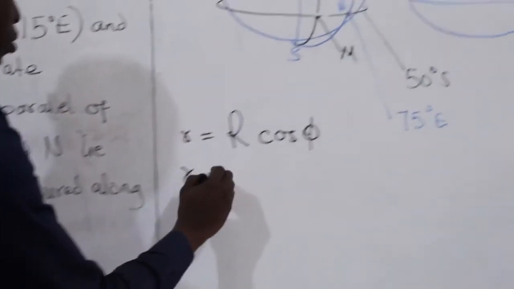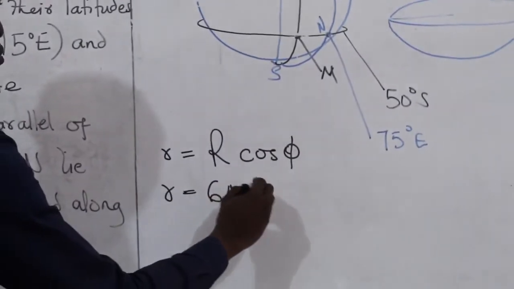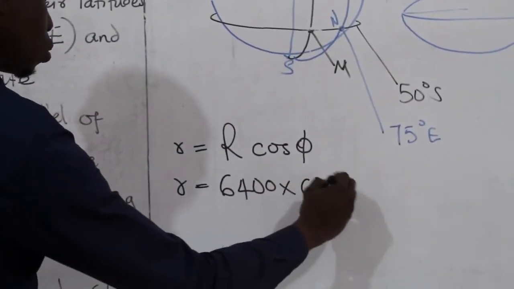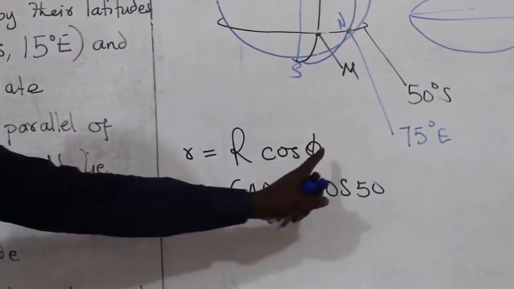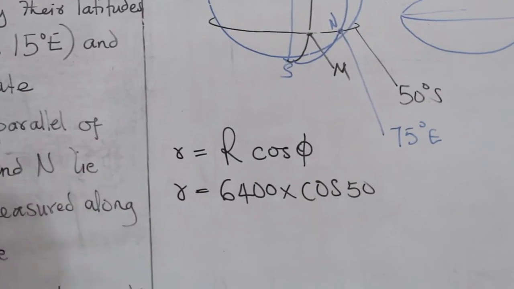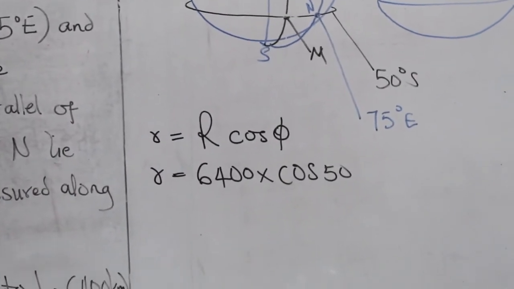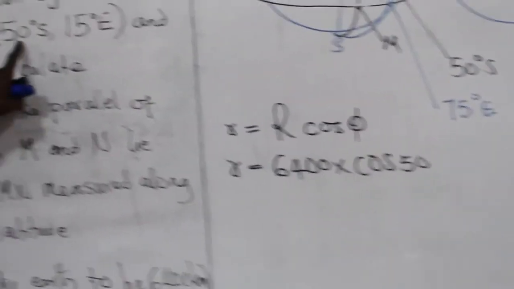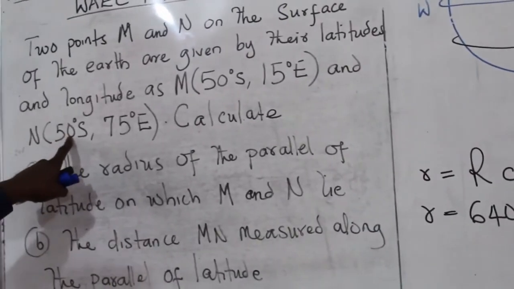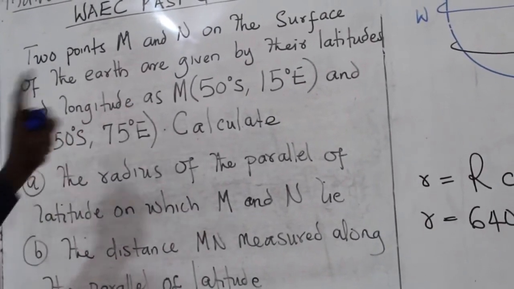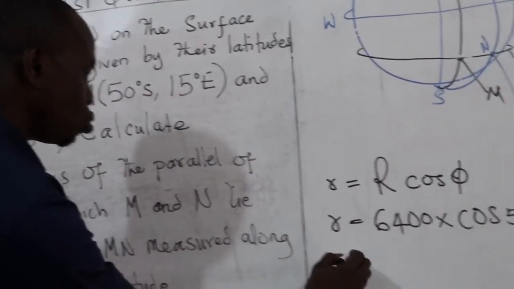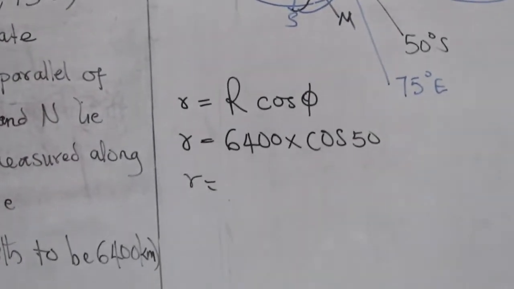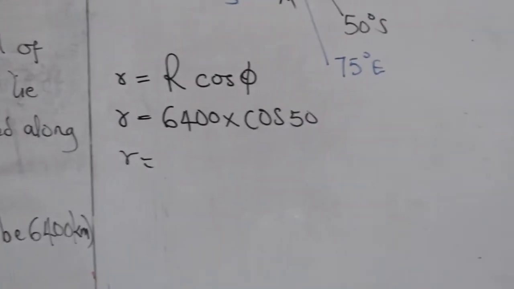So r becomes 6,400 times cos 50. I've said that before, that the phi here represents their common latitude. And if you notice in the question, M is 50 and N is also on the same latitude, 50. That's all you must use each time you're given a question like this. So I'm going to go to my calculator and get this value.